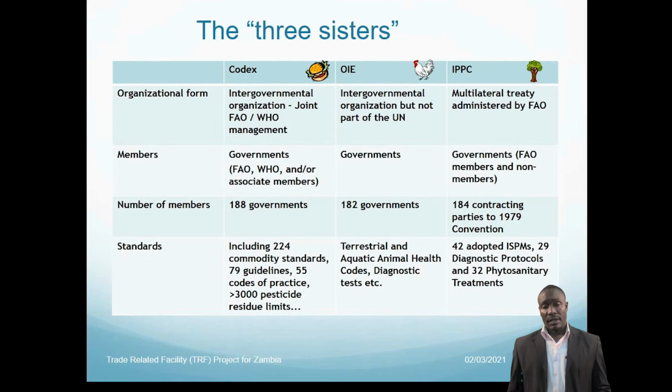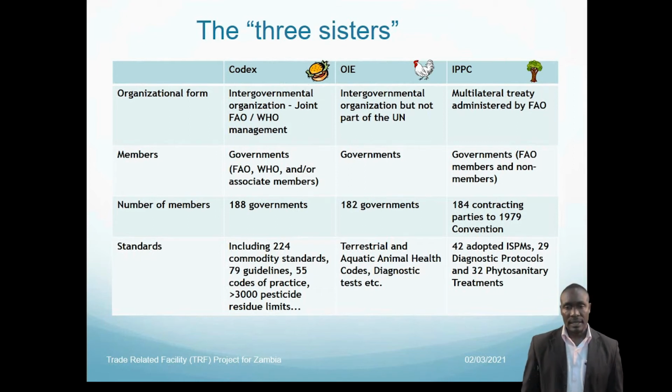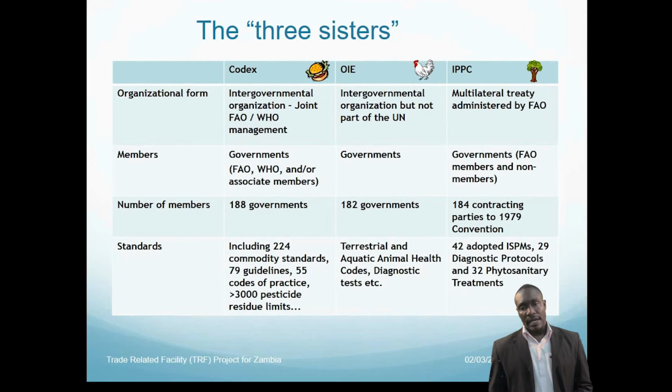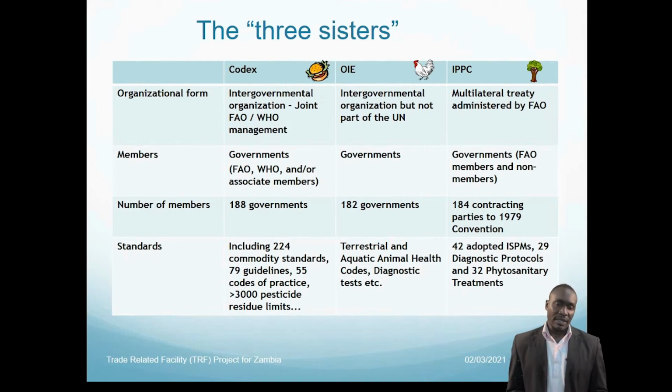The standards: Codex will produce commodity standards, guidelines, codes of practice, pesticide residue limits, as well as the veterinary drug residue limits. While the OIE will give you the terrestrial code, for example, the diagnostic tests. Same for IPPC, it will give you the international standards on phytosanitary measures. They've adopted quite a bit.